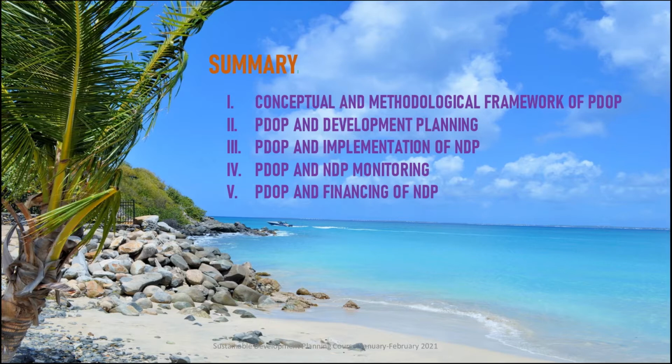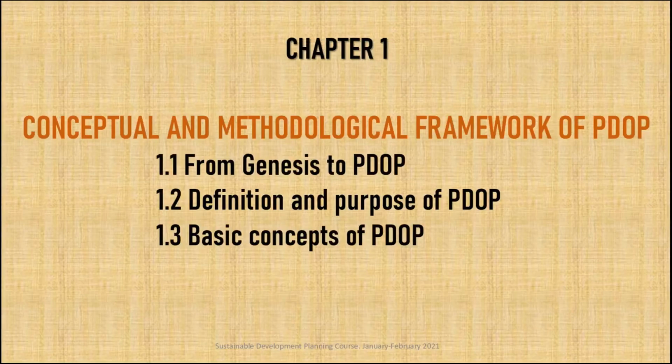The third one is about how we handle implementation of the National Development Plan using the PDOP framework. The fourth one is what monitoring is in the PDOP framework. And finally, in the 5th section, we will see how PDOP can facilitate the financing of the National Development Plan.